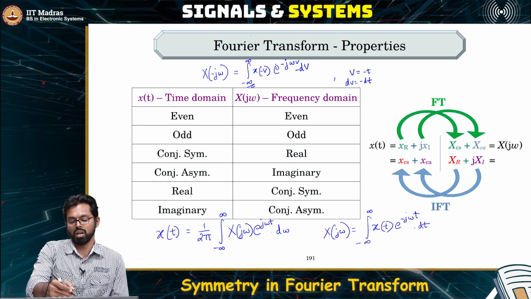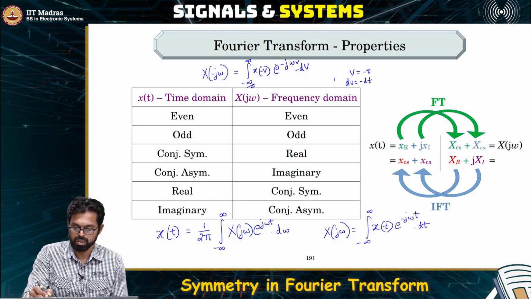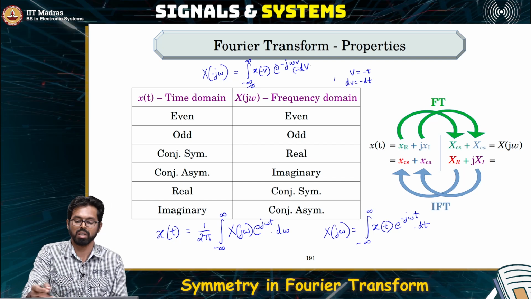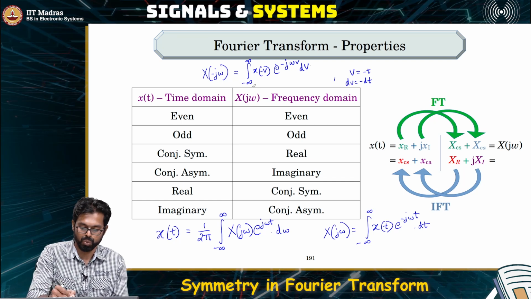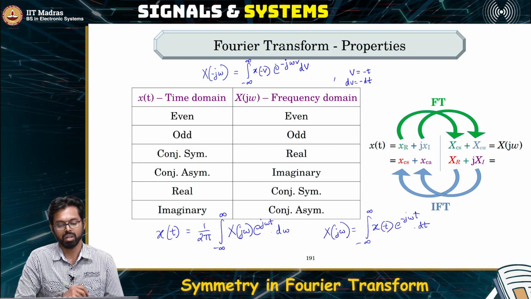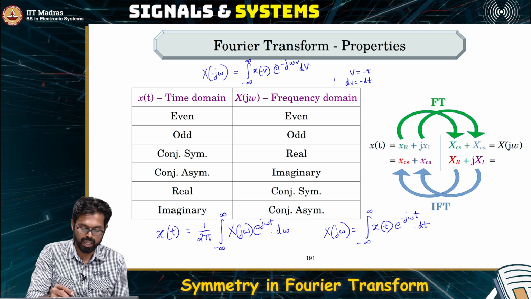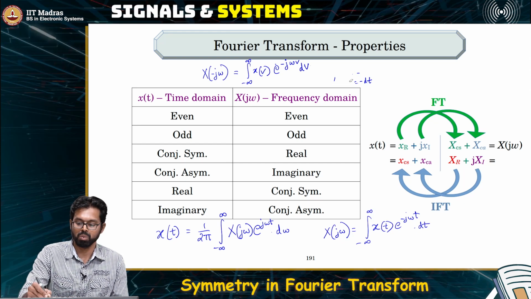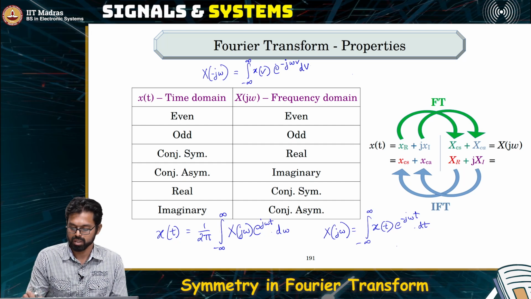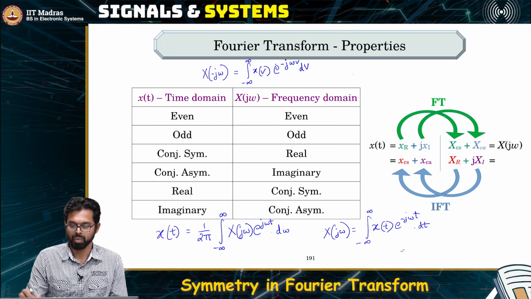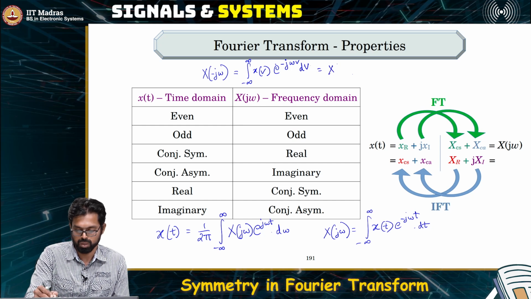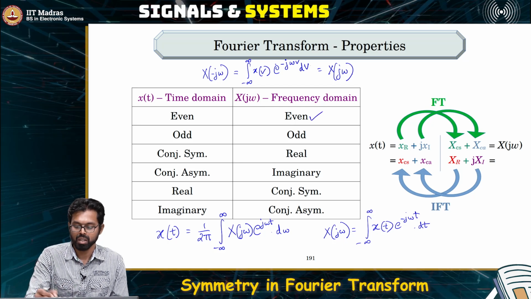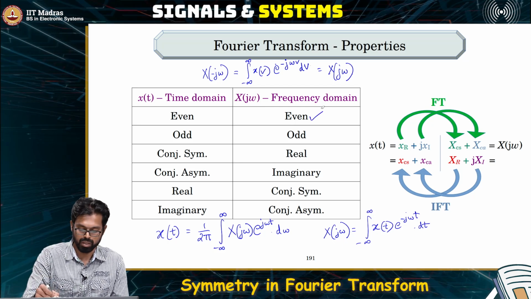The limits also change, because when t is minus infinity, v is infinity, and that minus gets cancelled out with this minus. So we have this expression finally. But because x is even, now x of minus v is also x of v. So now we get exactly the same expression as the Fourier transform, which means this is equal to x of j omega. Now this gives us the relationship that the spectrum is an even spectrum.